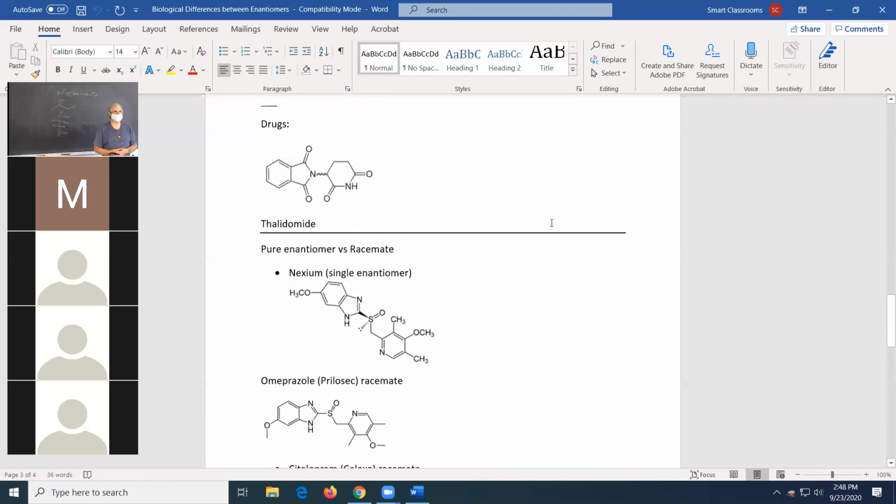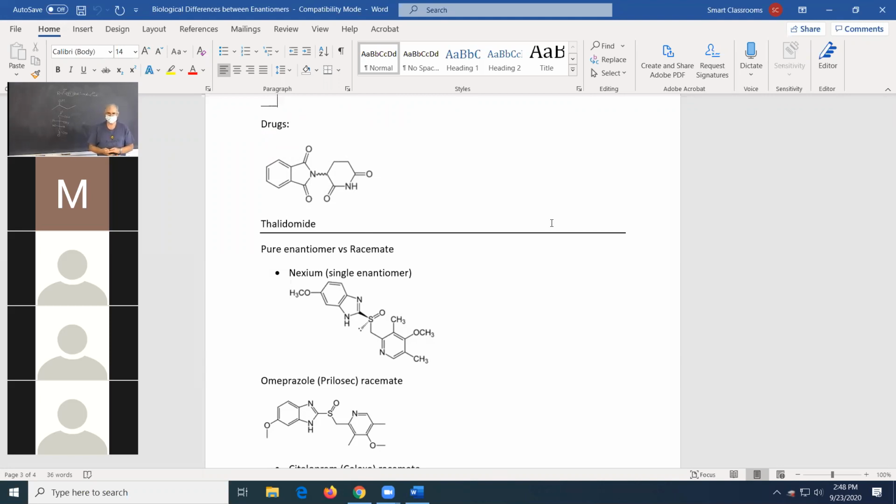Thalidomide was invented in Germany in the 1950s. They started using it in 1953. It was a sedative, analgesic, and anti-nausea drug. It was given to pregnant women to treat morning sickness.